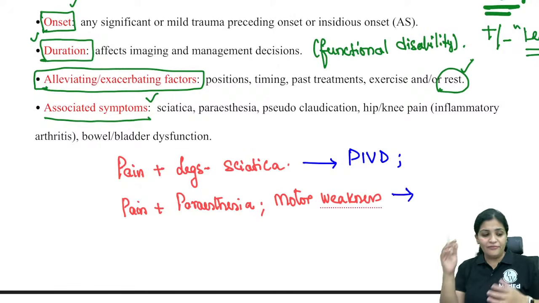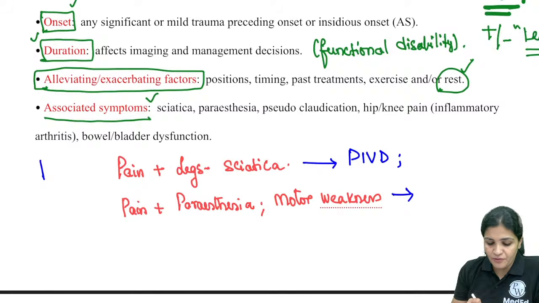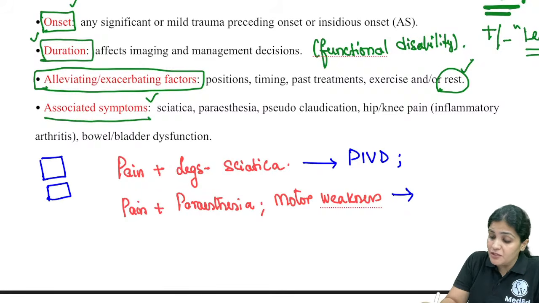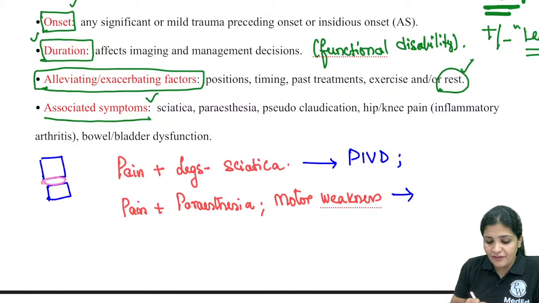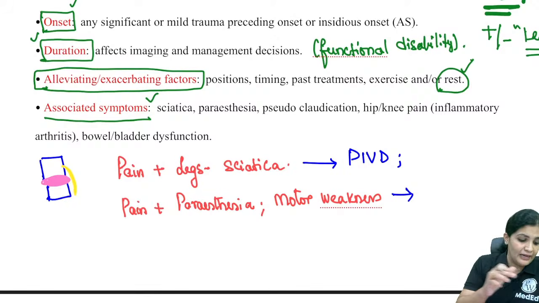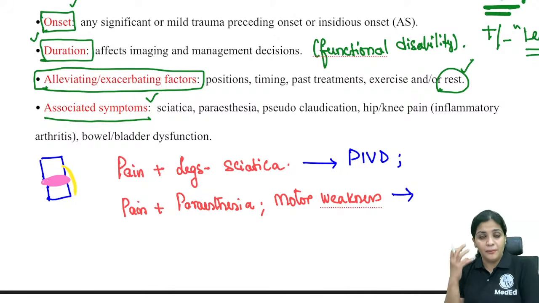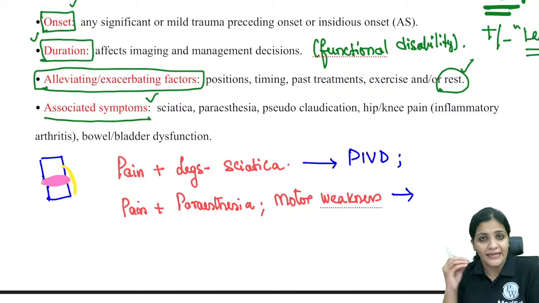Till now, if I say it is a disc problem, you have to understand that this is the spine, right? And in between the two vertebrae, what do we have? The disc, the intervertebral disc, right? So why are we very concerned about all this? Because there is a spinal cord, and the nerves go into the spinal canal, and whenever there is a problem in the back, these nerves can get affected.